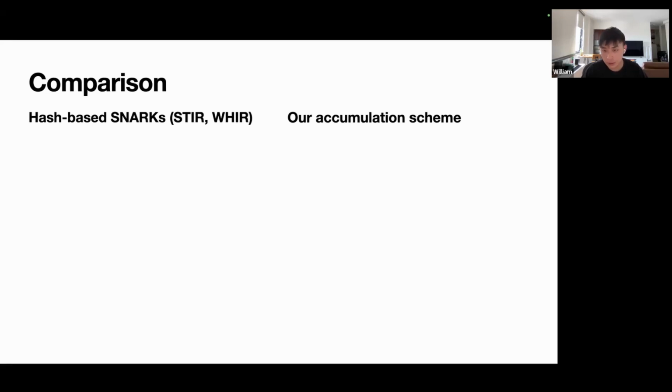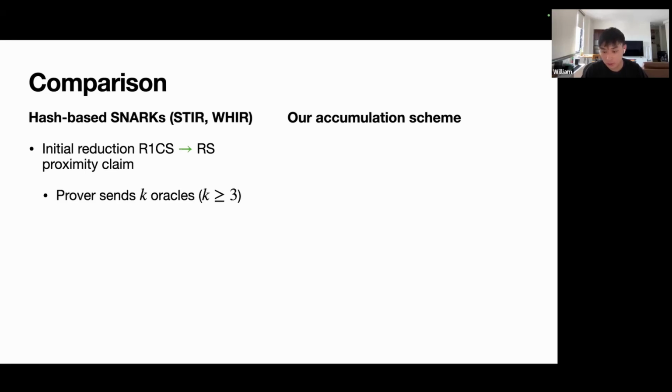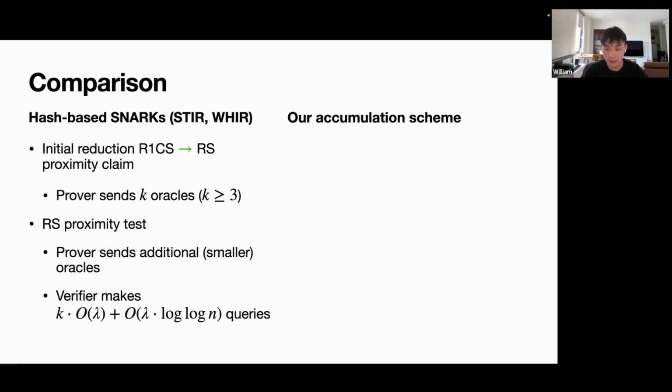If you were to use a SNARK, then your initial reduction from R1CS or whatever constraint system to a Reed-Solomon proximity claim would consist of the prover sending, let's say, k oracles, where in practice k is at least 3, followed by a Reed-Solomon proximity test, where the prover sends some additional smaller oracles, which don't really matter. And the verifier makes O(lambda) queries to each of the k oracles, plus an additional O(lambda log n) queries.